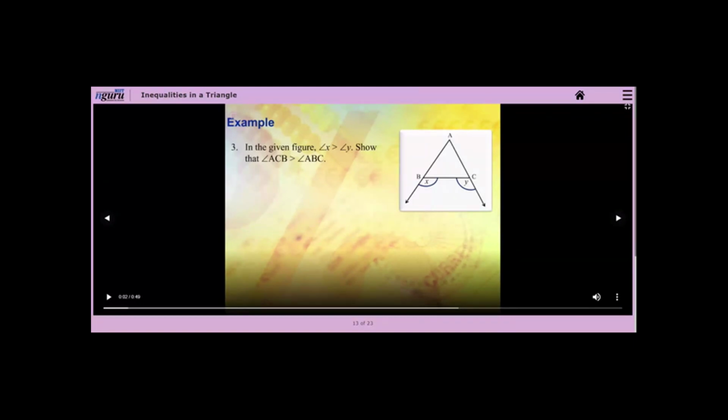ACB plus Y also is 180. If X is greater than Y, then ABC is smaller than angle ACB. Very good, smaller than ACB. That means ACB is greater than ABC, correct? Yes, ma'am.